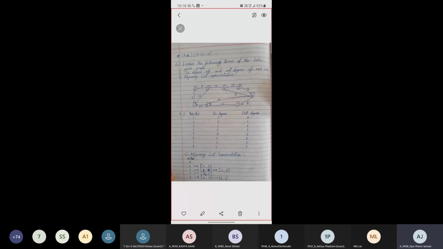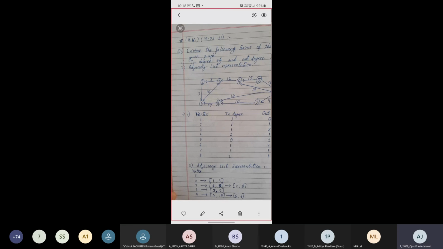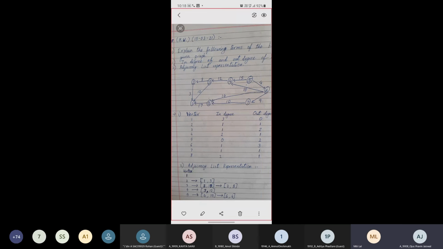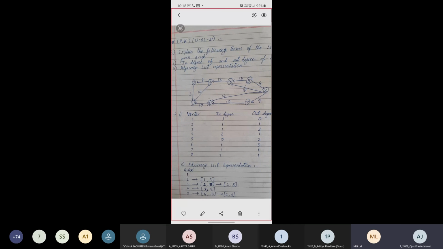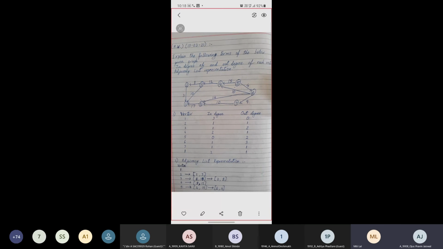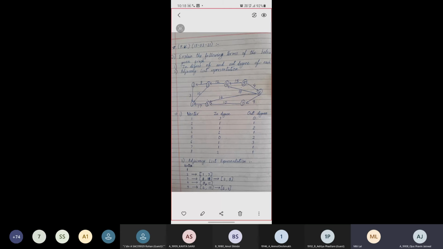For the adjacency list representation, we mark the outgoing vertex for the connection. For 1, we have no outgoing vertex, so there will be no link. For 2, we have one outgoing vertex, that is 1, and it has weight 3.